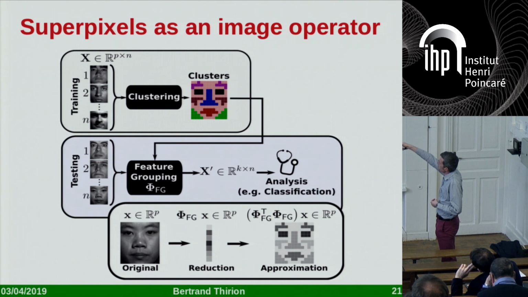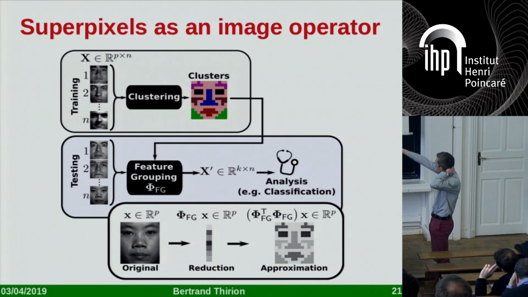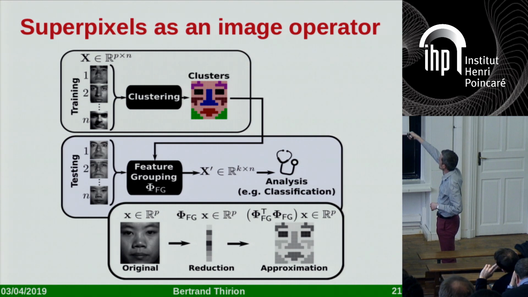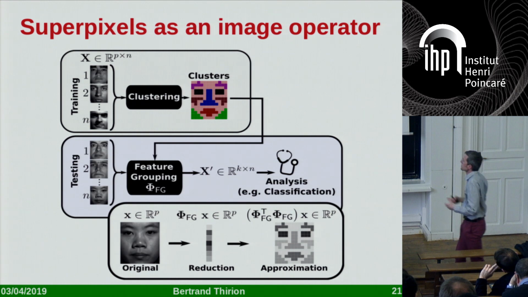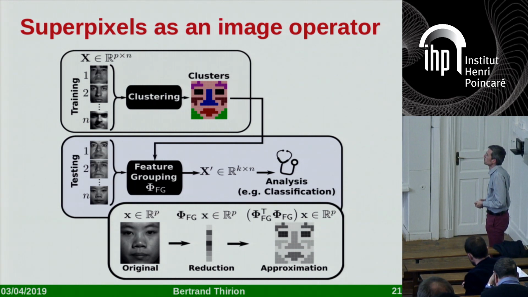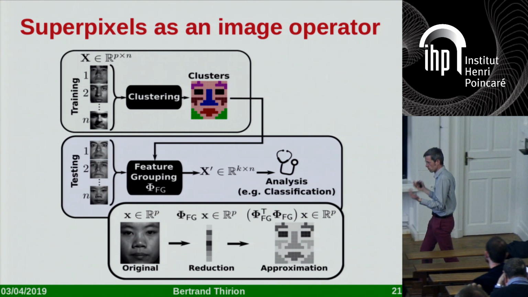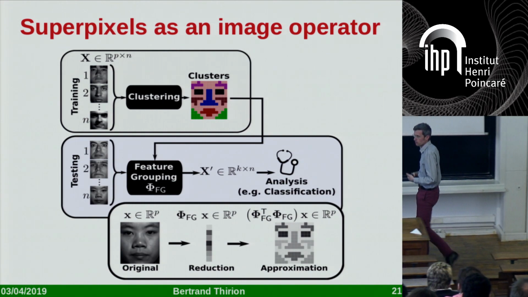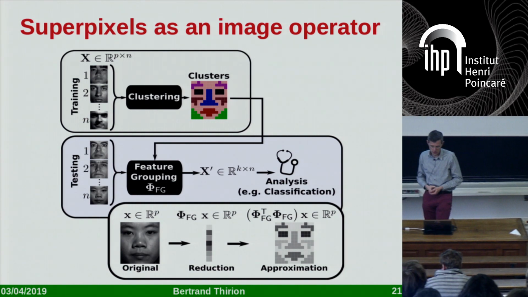The operator reduces the image to the values that you observed in the different clusters. But by using the transpose operator, you can actually obtain a piecewise approximation of the input image. It's just a rewording of what people have been doing with superpixels.